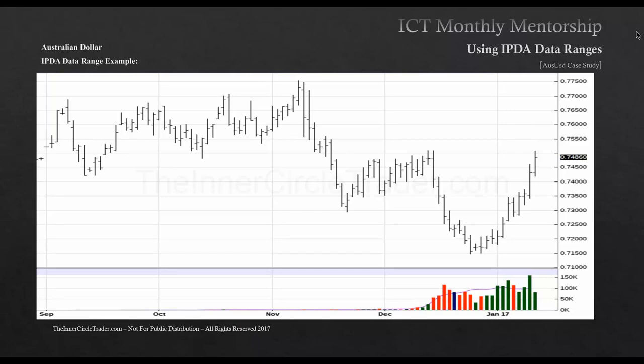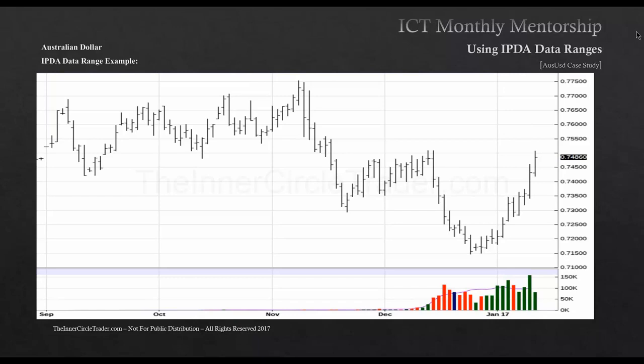If we look back at November, we can clearly see that there was a major market shift in November 2016. What that does is give us a great deal of insight. We can't take a time capsule, travel back in time, and go short there, but we can use the information that our daily charts are telling us.